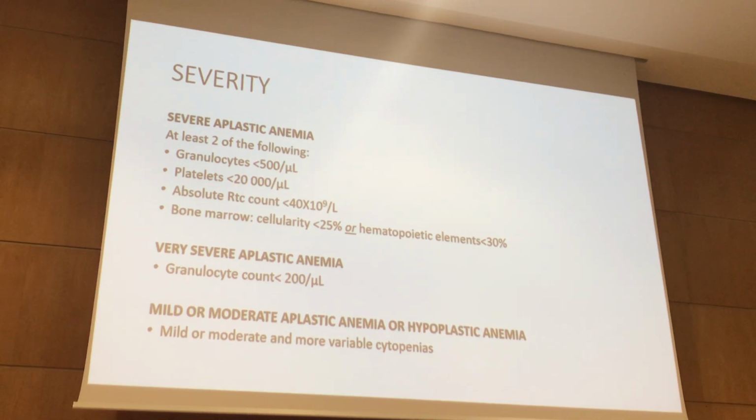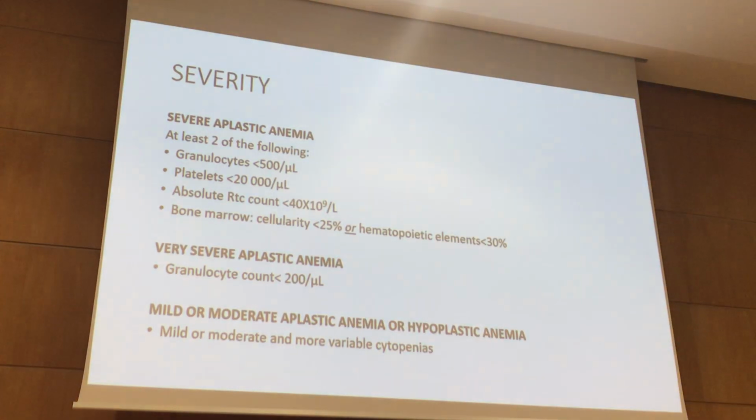So it is an indirect way of showing what? Bone marrow activity. So instead of relying on hemoglobin levels, we have a more reliable measure such as reticulocyte count. If it is below a certain level, it is among the criteria for severe aplastic anemia.